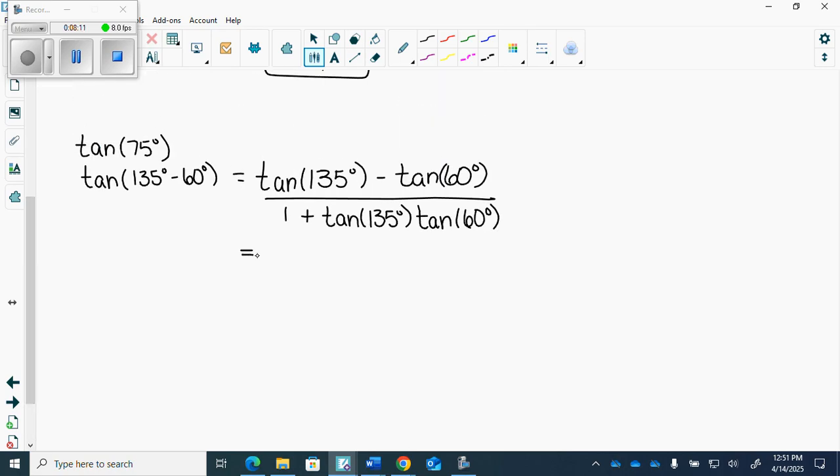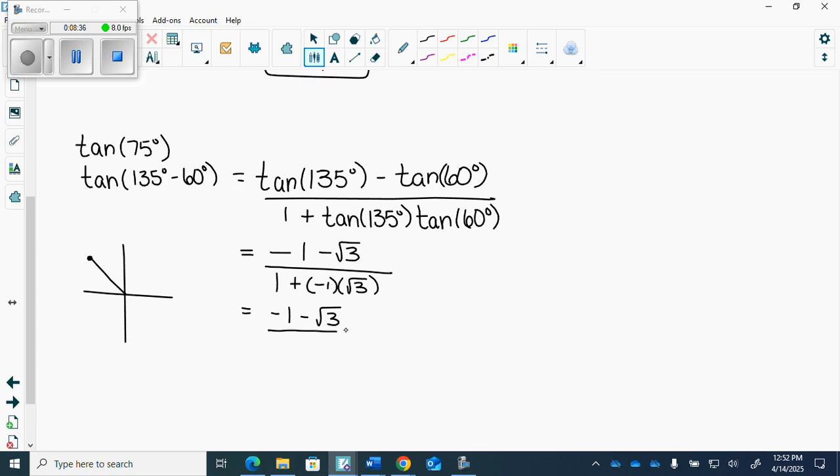Okay, tan 135. That's here. When I do sine divided by cos, what do I get? Negative 1. So I'm going to get negative 1, tan of 60 is root 3, so minus root 3 over 1 plus negative 1 times root 3. So I get negative 1 minus root 3 over 1 minus root 3.